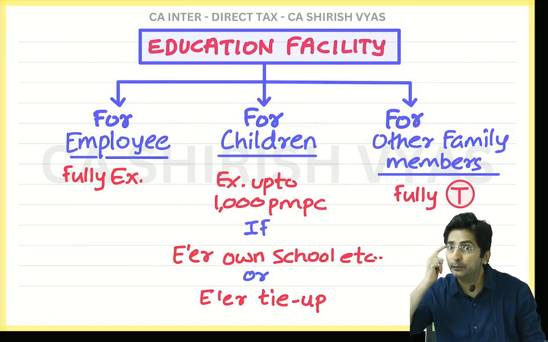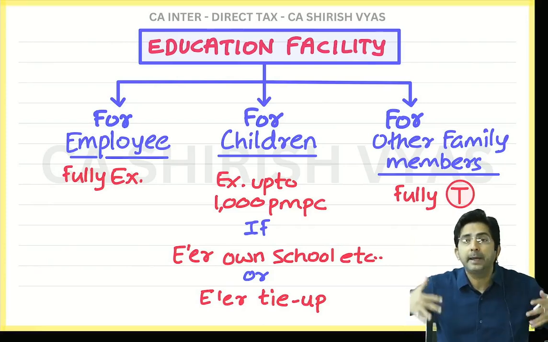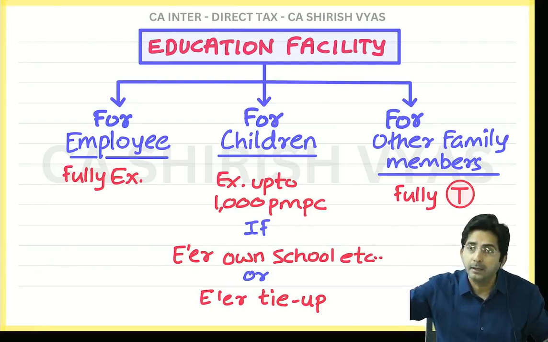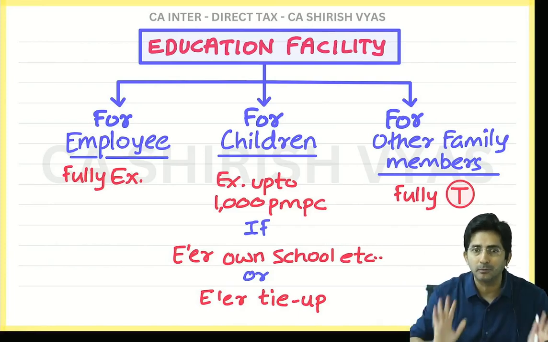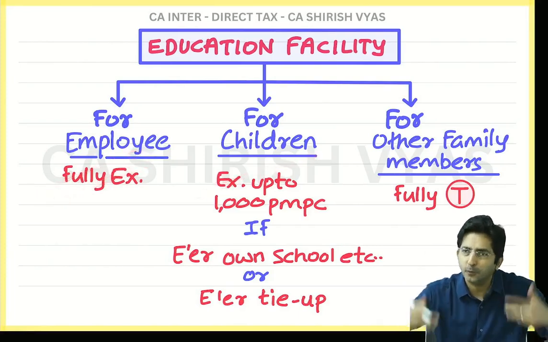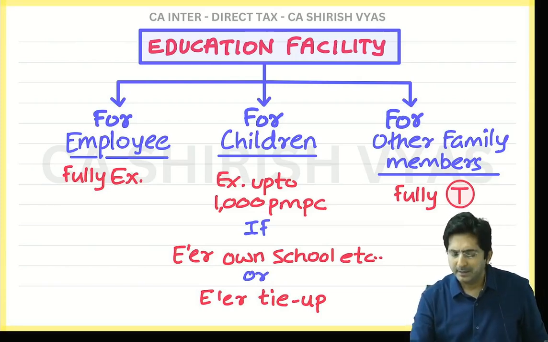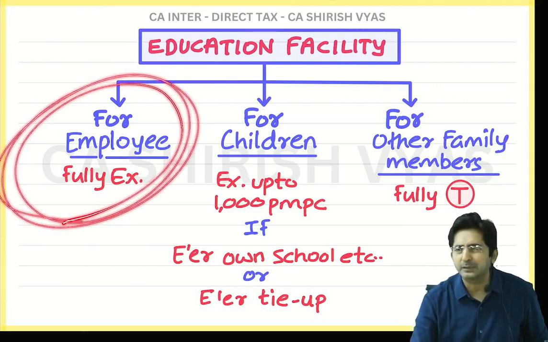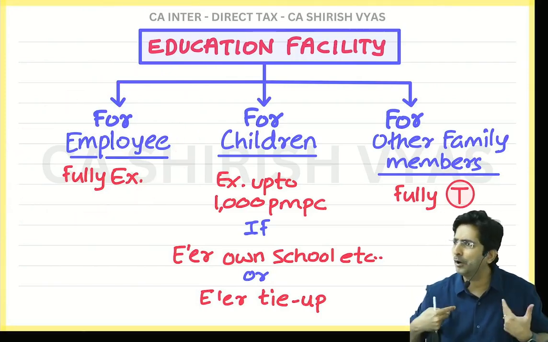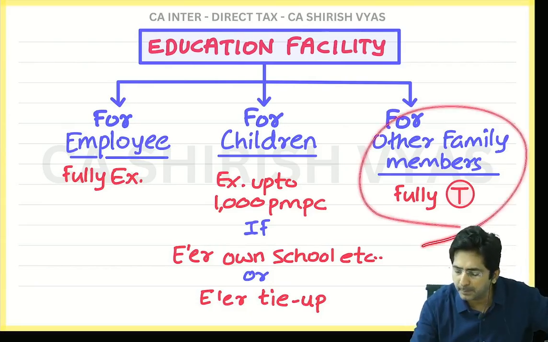But here the scope is narrow. Only for children the government is ready to exempt. Employee is also exempted because the employee is educated for the employer's own self-interest. That is okay, but for other family members it will be taxable.